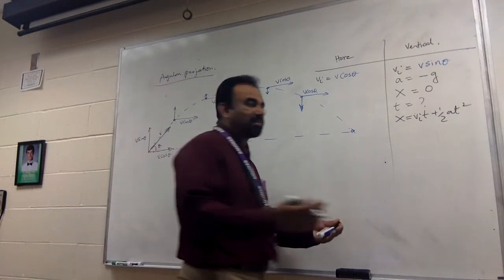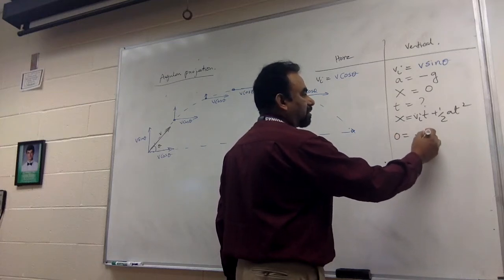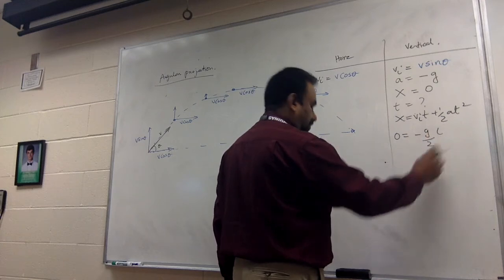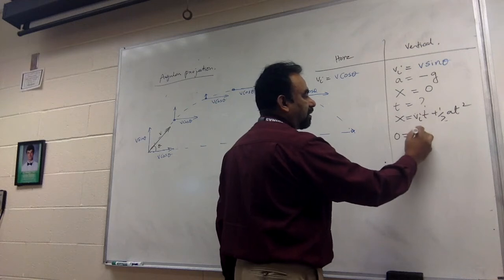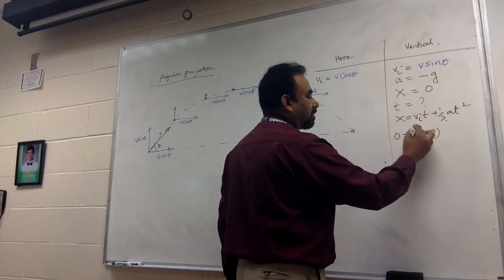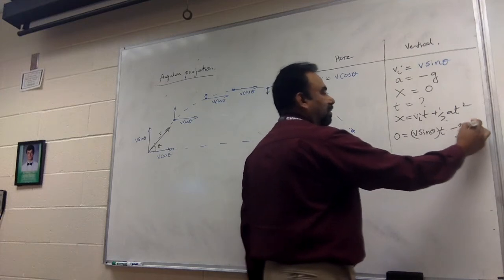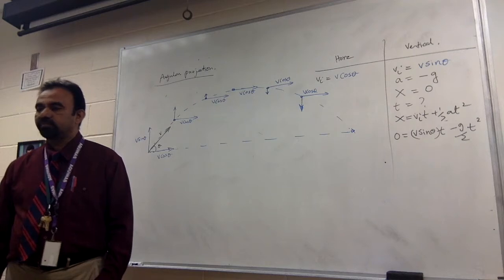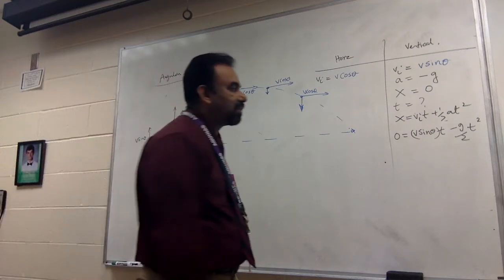It's the same thing. 0 equal to v_i t minus g over 2 t squared, where v_i is v sine theta. I'm just substituting stuff. Instead of numbers, I'm putting all those variables.